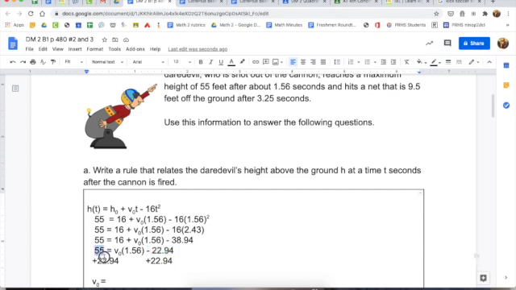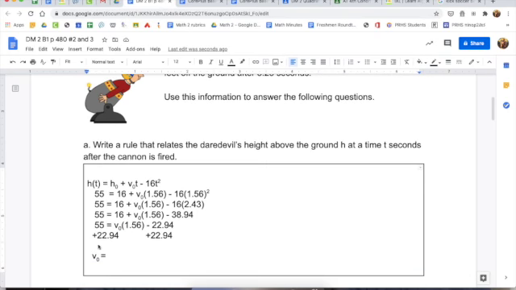But I'm going to add 55 to the 22.94 on this side. Let me draw my line so you can see that I'm going to the next step. What I'm going to end up with here is 77.94 equals v sub 0, still times 1.56, but I haven't dealt with that yet.